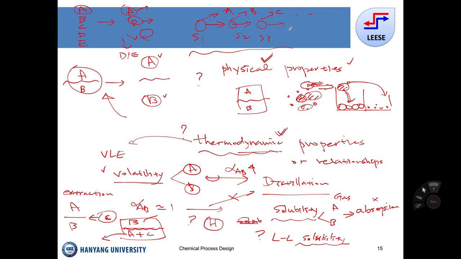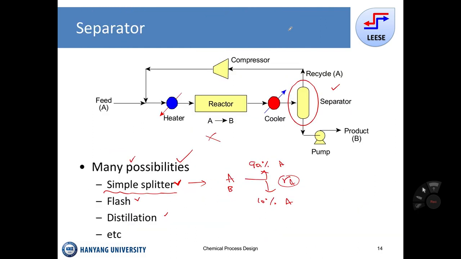But I'm not going to discuss how to determine the sequence of the separators for the time being. I'll leave it for later. But at this stage, you need to remember that a number of separators are required for multi-component separation. Then, unfortunately, we have many possible options for the separator.